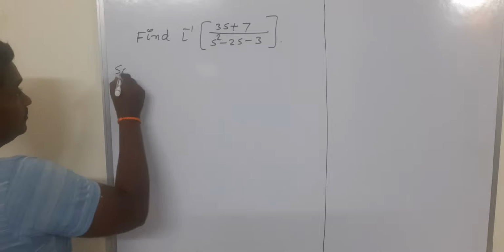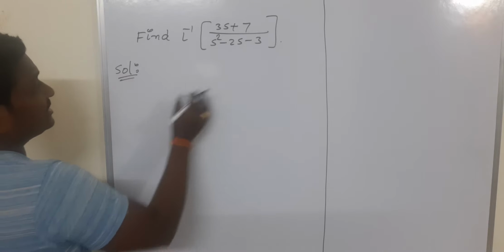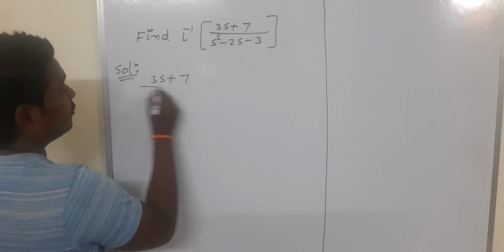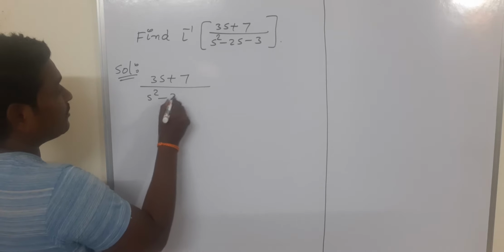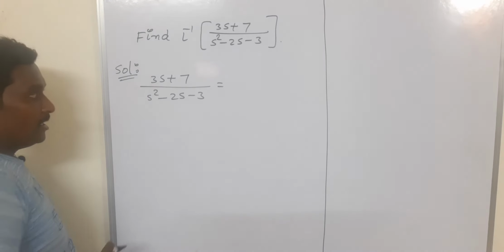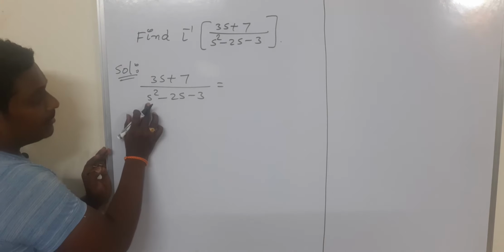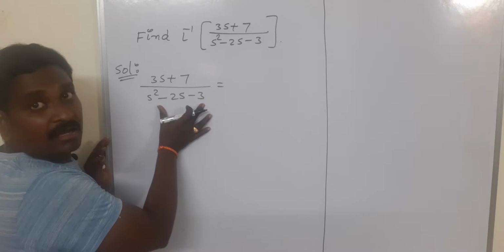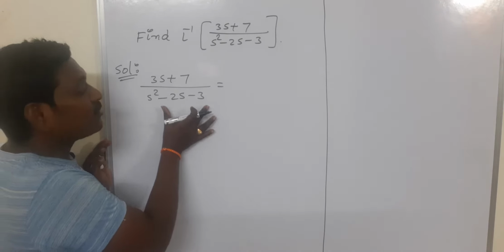As usual, first consider the inside function, (3s plus 7) whole by (s square minus 2s minus 3) is equal to, here also the denominator has a quadratic factor. First find out the linear factors of this quadratic factor.